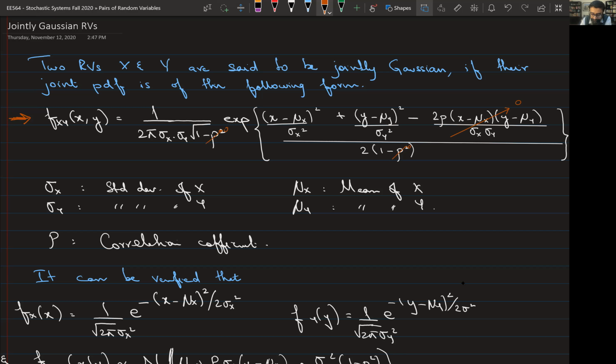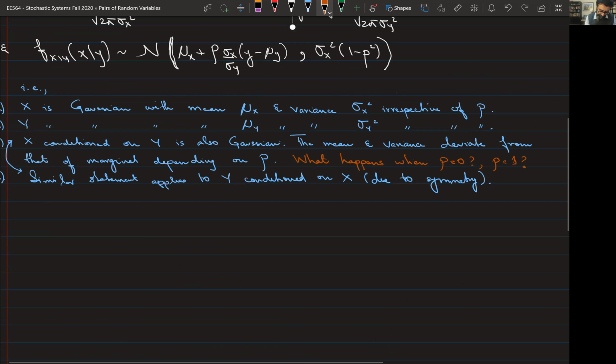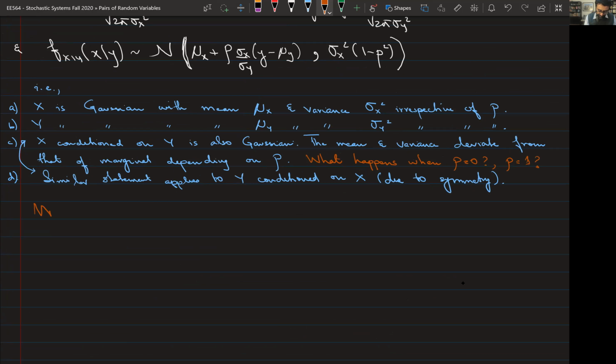So when rho equals 0, the joint probability density function of two random variables that are jointly Gaussian reduces to the following form.